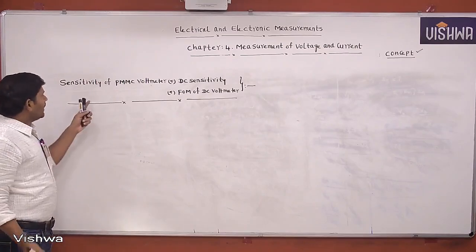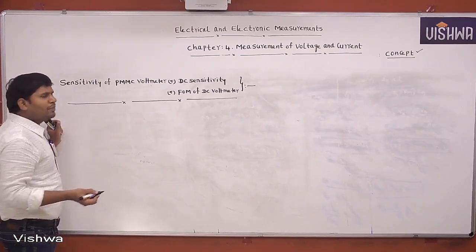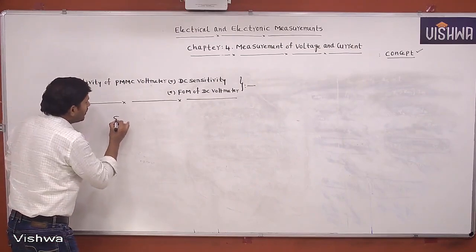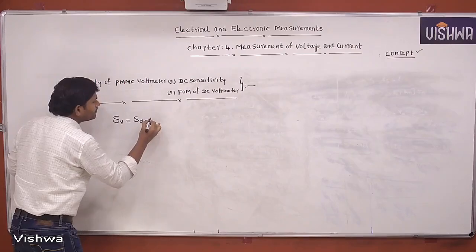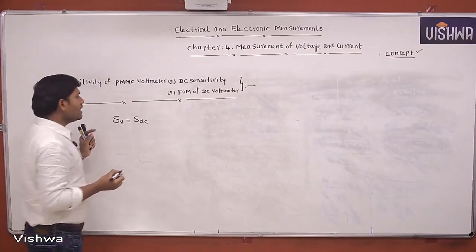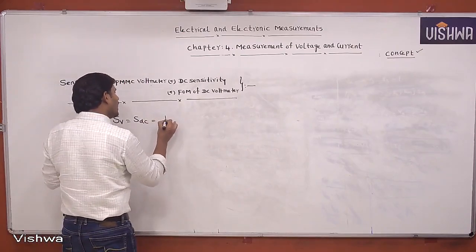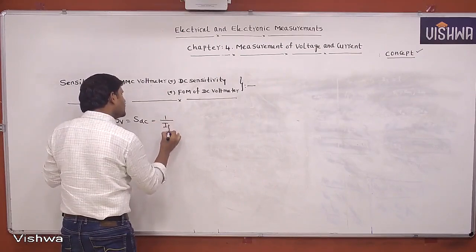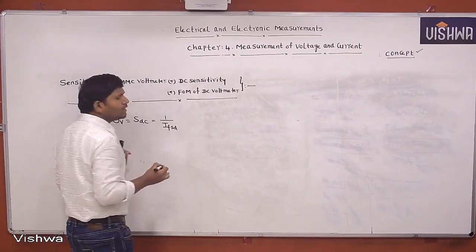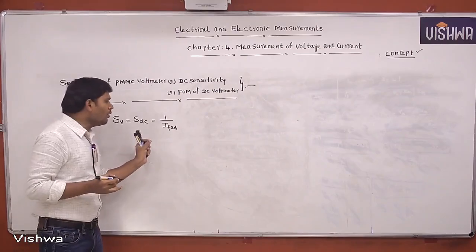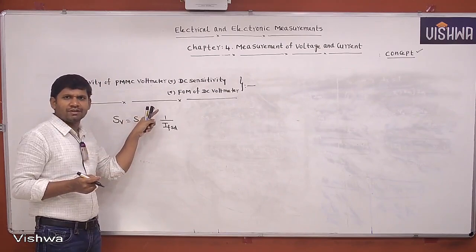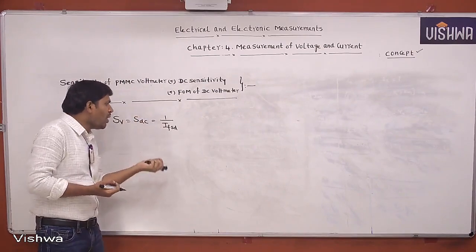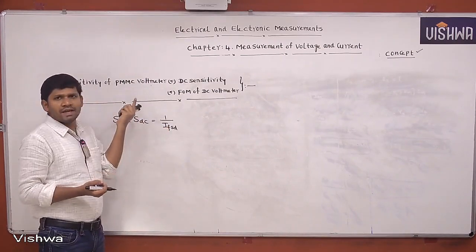The DC sensitivity or sensitivity of PMMC voltmeter is denoted by SV or SDC. The fundamental formula for SV or SDC is 1 by full scale deflection current. Even if a small full scale deflection is detected, then it has high sensitivity.